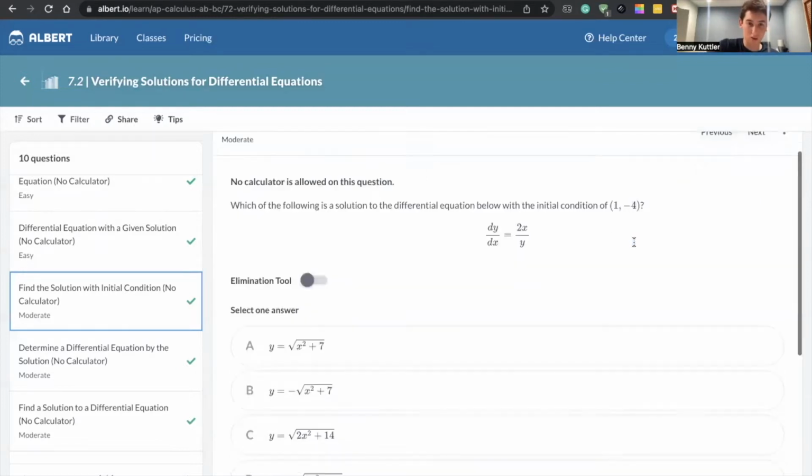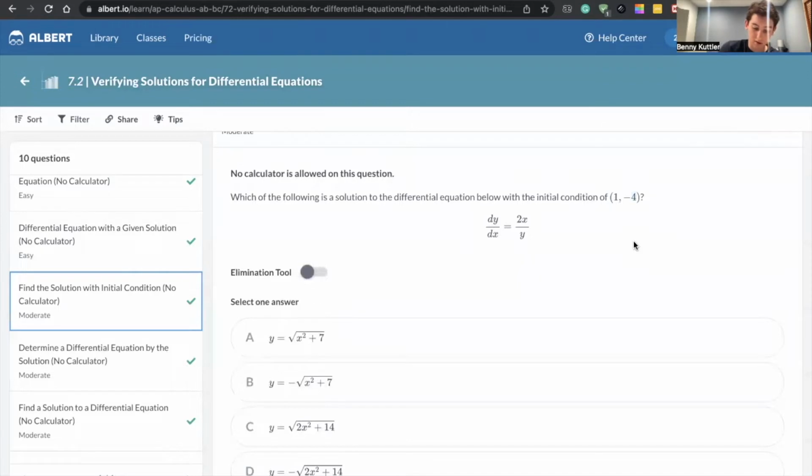So if we test the first one, the derivative of the square root of something is 1 over 2 times the square root of that something, times the derivative of the thing inside the square root, which is just 2x. So these 2's will cancel out, and we're left with x over the square root of x squared plus 7.